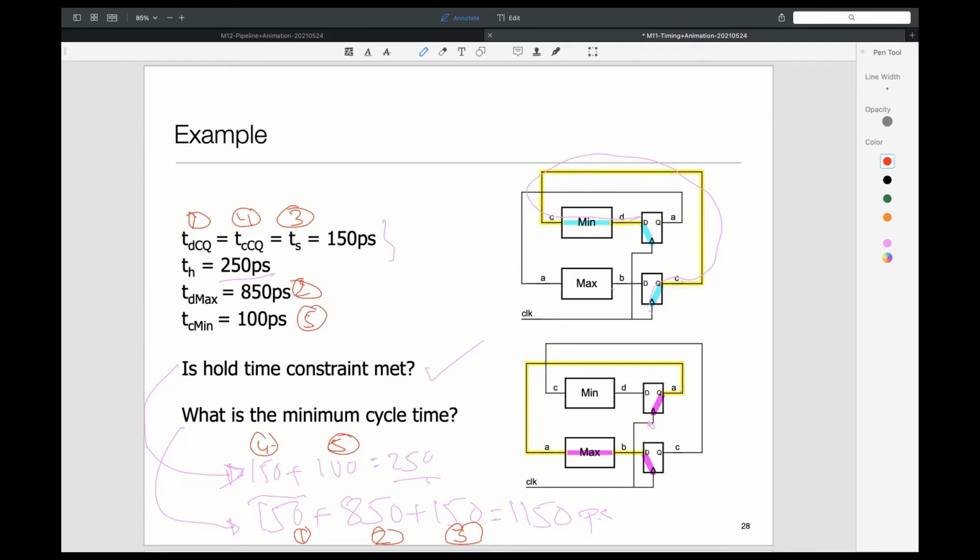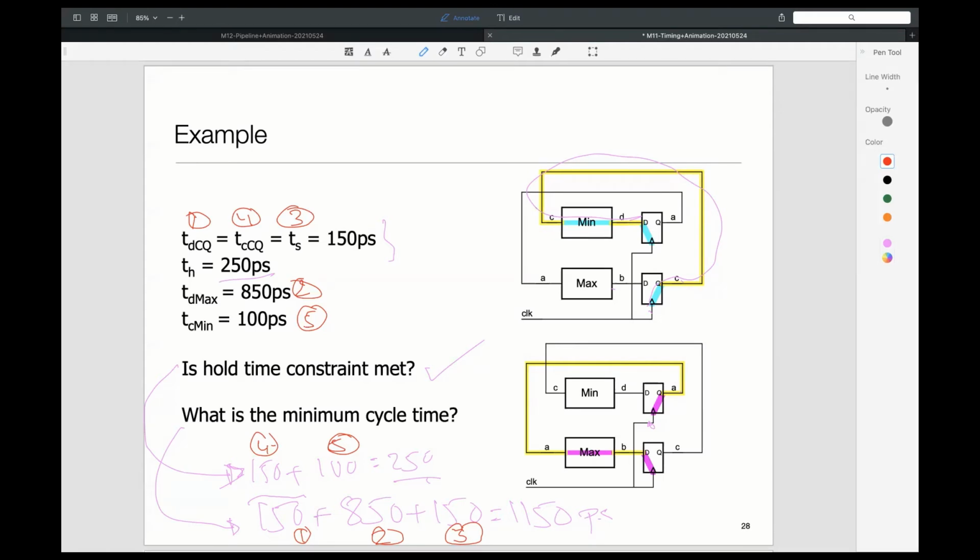But try not to get into a pattern matching mode, because it's very easy for me to offer you questions where a pattern matching approach will fail. So let's again try to understand why the issue is happening. In the first case, with the hold time, the issue that we are worried about is that a change started by a clock edge has its effect propagate too quickly, so that at some flip-flop's input, a signal is changing too quickly after the current clock edge. I'm supposed to keep the signal stable for some hold time, and I'm not meeting it because I'm too quick to change.